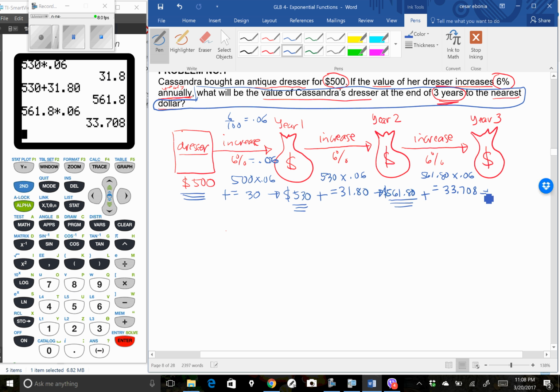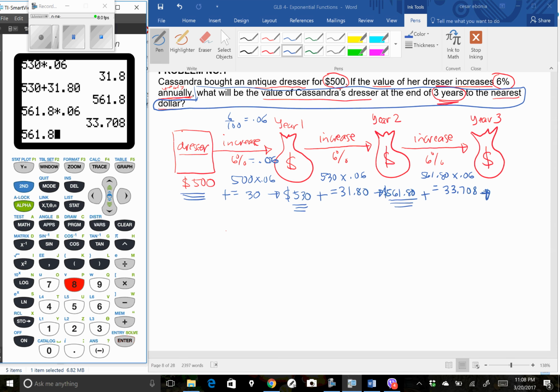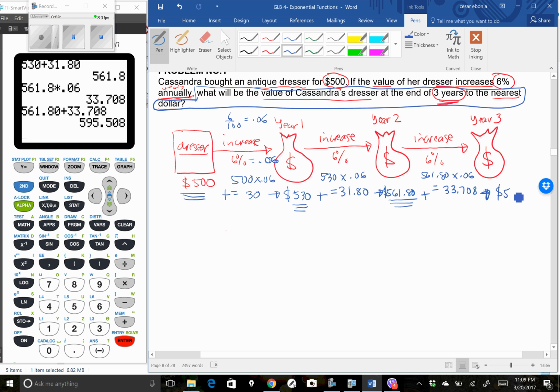So the value after 3 years would be 561.80 plus 33.708, which is equal to 595.50.